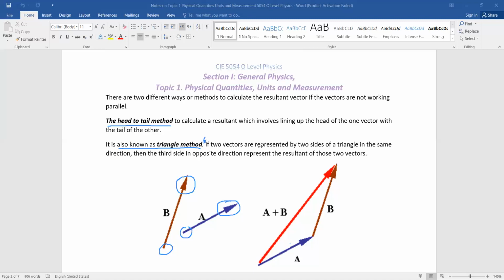Can you read this triangle method? Yes. If two vectors are represented by two sides of a triangle in the same direction, then the third side in the opposite direction represents the resultant of those two vectors.